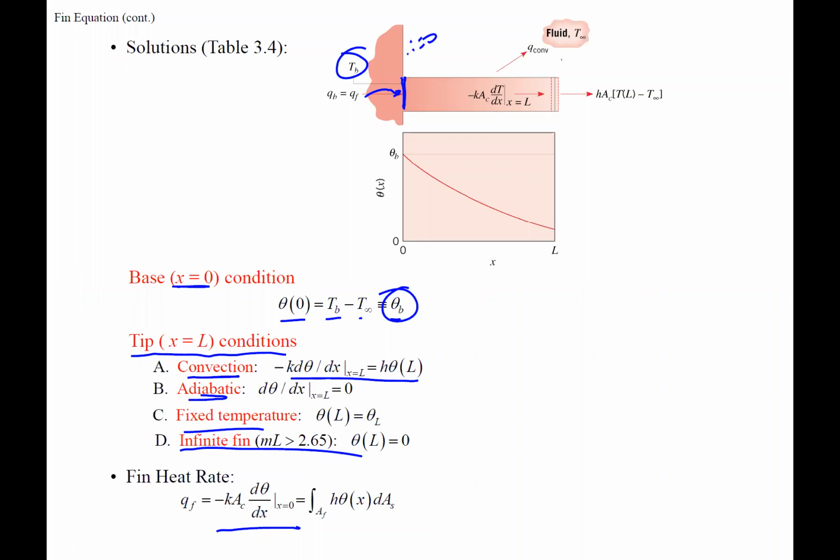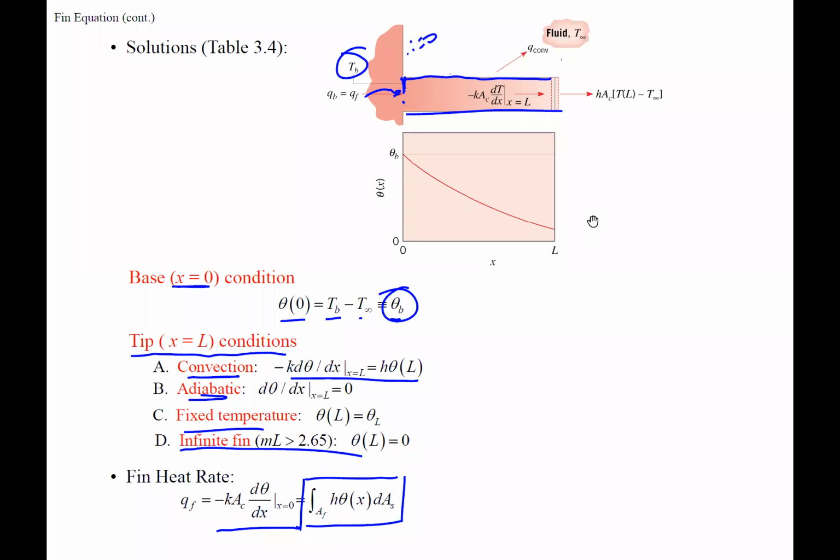Or on the other side, if we were to integrate along the whole surface here, so basically along the area of the fin, we just integrate and we get the heat rate. So that would be the heat also on that side, okay? Both of those ways will get you the solution to the fin heat rate.